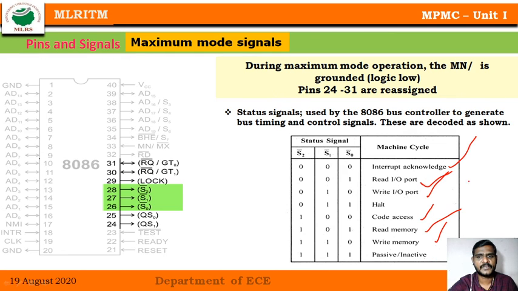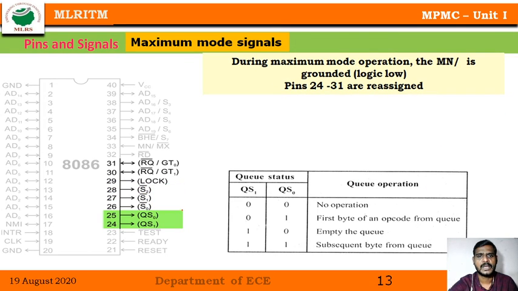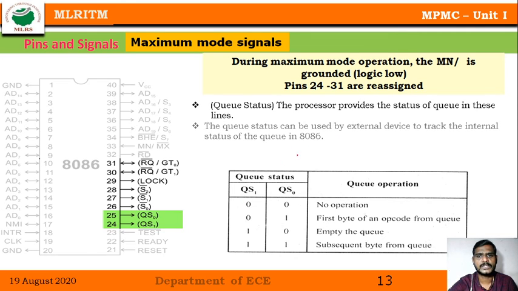So these are the different status signals which can be known by checking these three pins in maximum mode configuration. Similarly, whether the data is transmitted as a half byte or a full byte can be known by using the queue status signals. The processor provides the status of the queue on those lines.